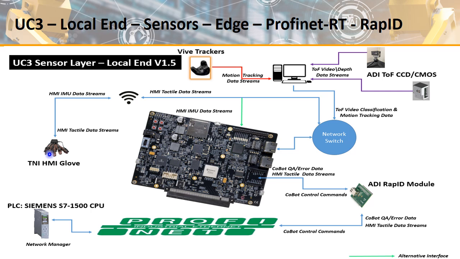All of these have different interfaces, and they are all interfacing in some way with an edge device. We work with the Microchip PolarFire edge device, and we're also working with the STM32 edge devices in our project.